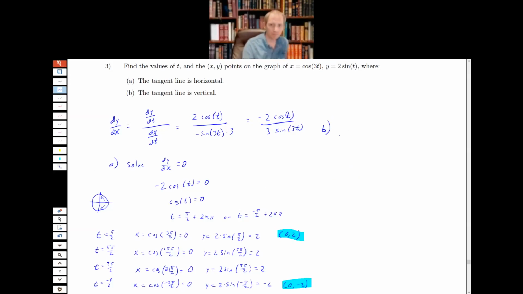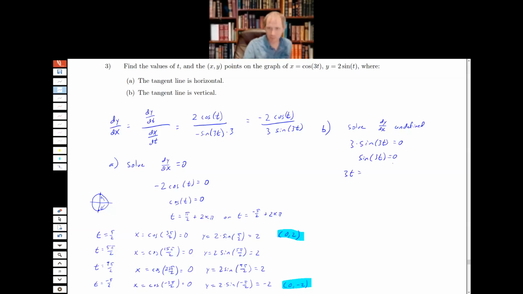The tangent line is going to be vertical when I get a 0 in the denominator. So here I'm going to solve dy/dx undefined. So I'm going to get 3 times the sine of 3t equals 0. Okay, so sine of 3t equals 0.